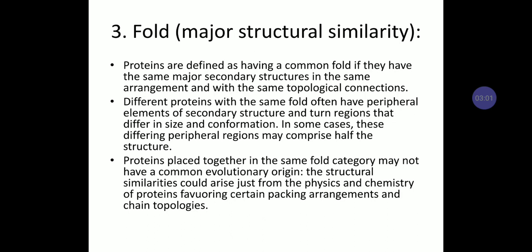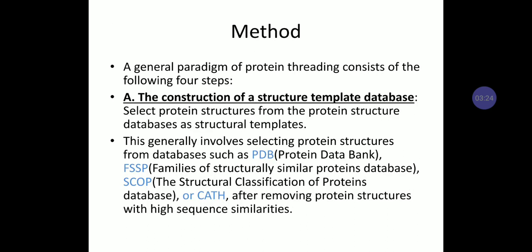In some cases, these differing peripheral regions may comprise half the structure. Proteins placed together in the same fold category may not have a common evolutionary origin. The structural similarity could arise just from the physics and chemistry of the protein, favoring certain packing arrangements and chain topologies.